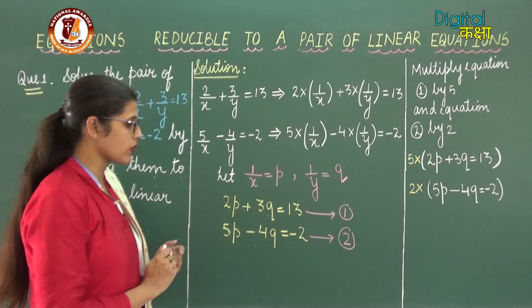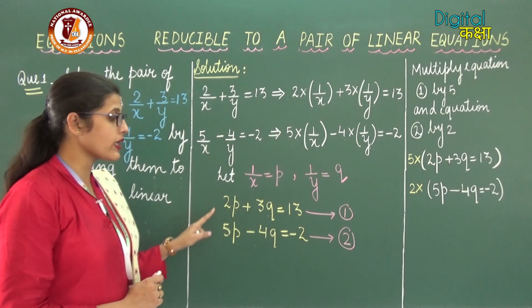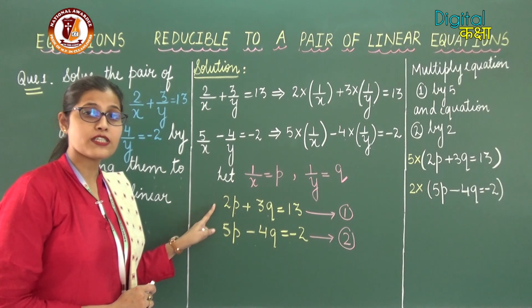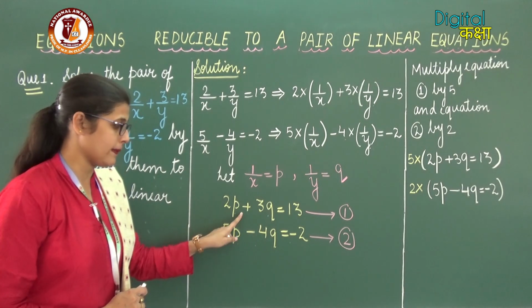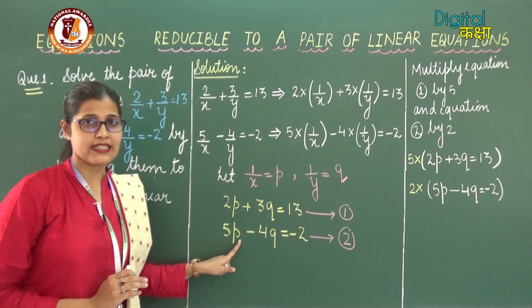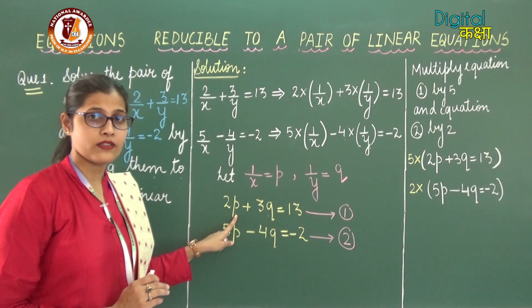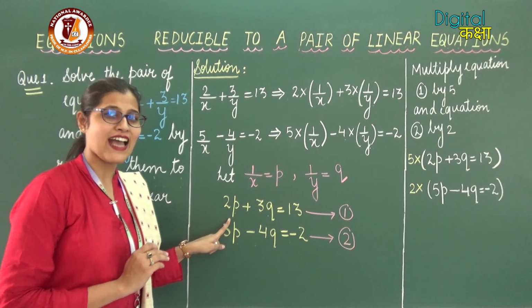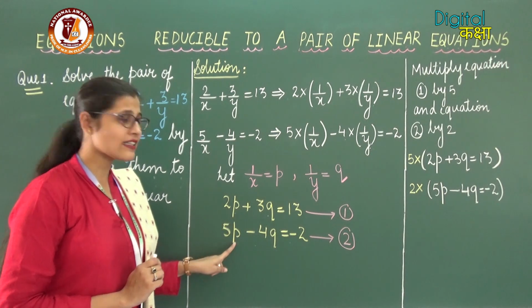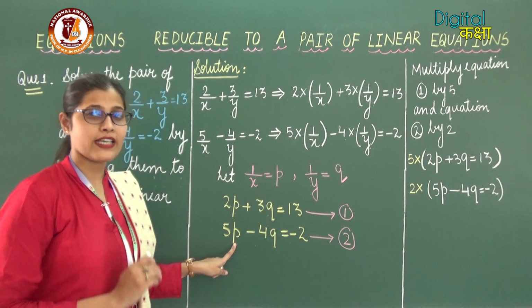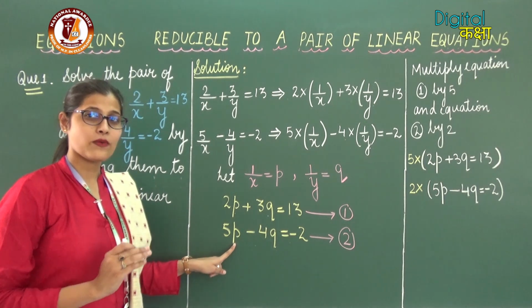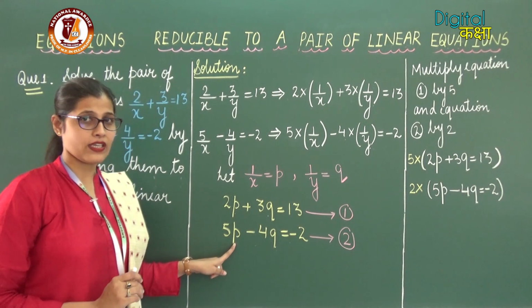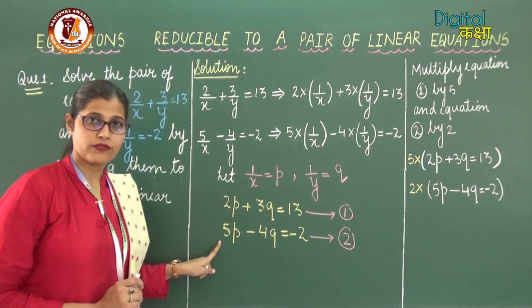So looking into the equations, I will be equating the coefficients of variable p. As I can see, in the first equation, variable p has the coefficient 2. And in the second equation, the same variable p has the coefficient 5.